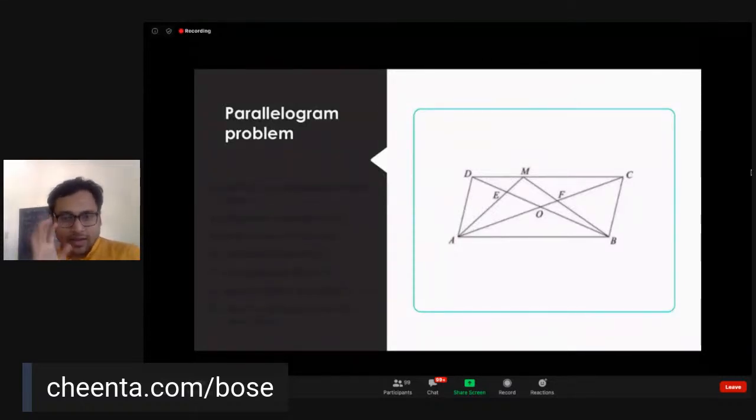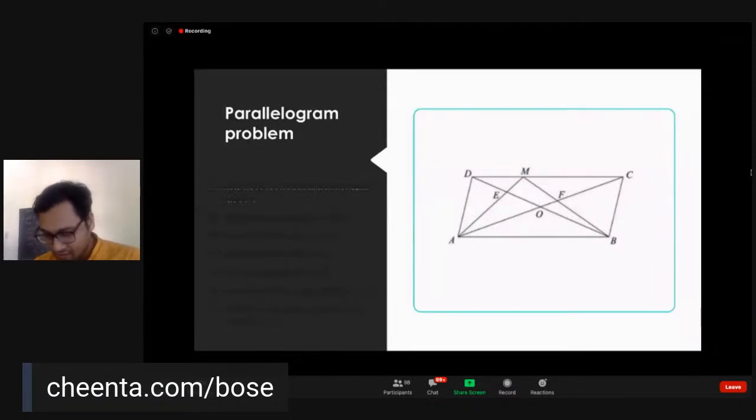Look at this. If ABCD is a parallelogram, what is given?